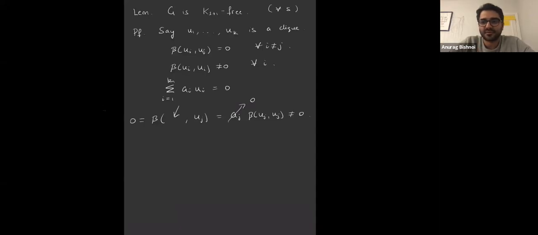This is the standard proof of the fact that if you have a bunch of pairwise orthogonal vectors in the real space, then they must be linearly independent. So this implies k is less than or equal to the dimension, which was s.